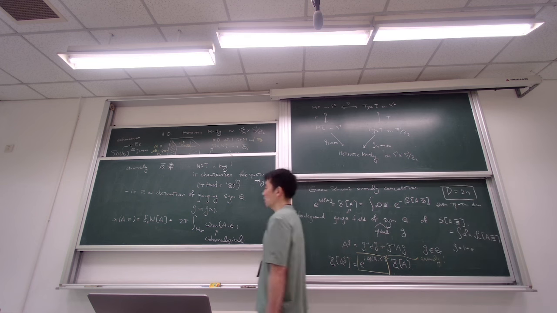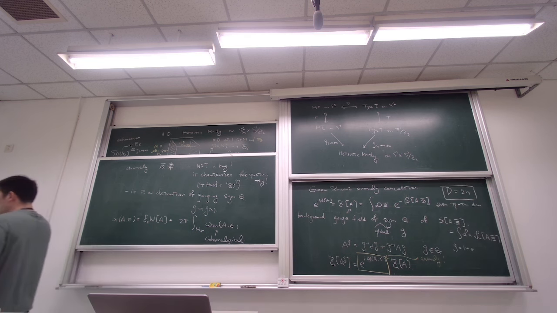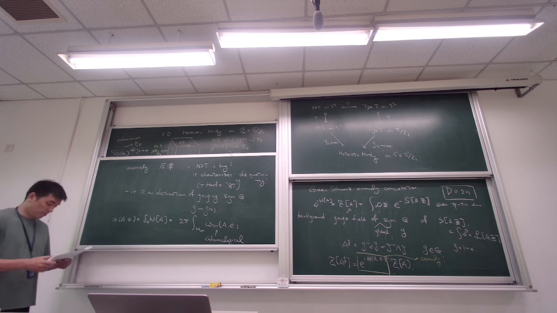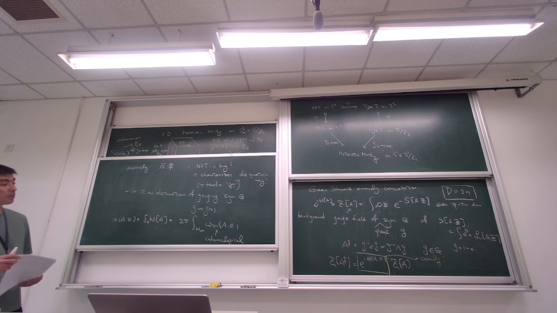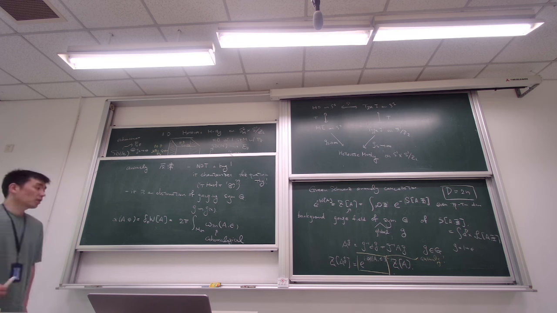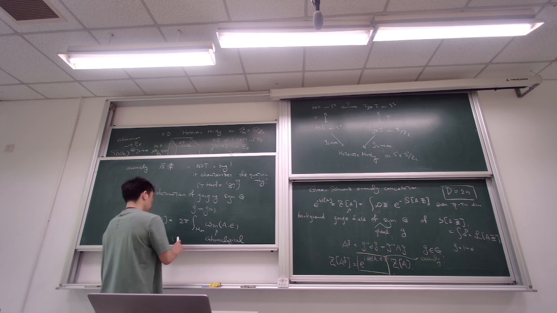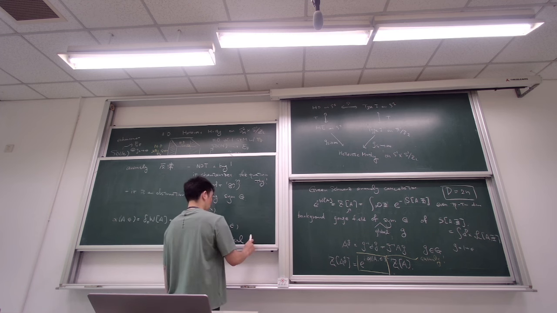So since this anomaly cannot be removed by a local counterterm, it becomes really like knowing about some topology of the space-time with bundle. So bundle means where the gauge field lives in the full symmetry. Cohomological or topological. Cohomological term.